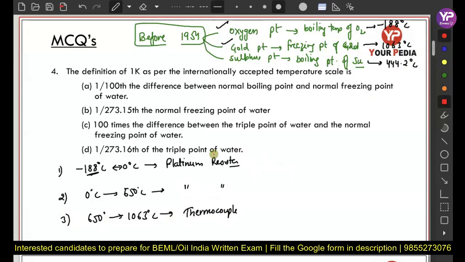In the case of the platinum resistance thermometer operating between 0 and 650 degrees Celsius, we assume that resistance varies with temperature in this way. Between the temperature limits of minus 180 to 0 degrees Celsius, the resistance varies with temperature in this way.